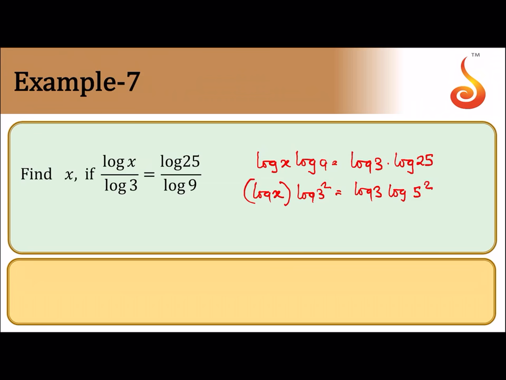Log 9 can be written as log 3 square, log 25 can be written as 5 square. So 2 will be outside. Log x log 3 equal to 2 will come outside, log 3 and log 5. So 2 will cancel both sides. Log 3 will cancel both sides. What we get? Log x equal to log 5, x equal to 5.